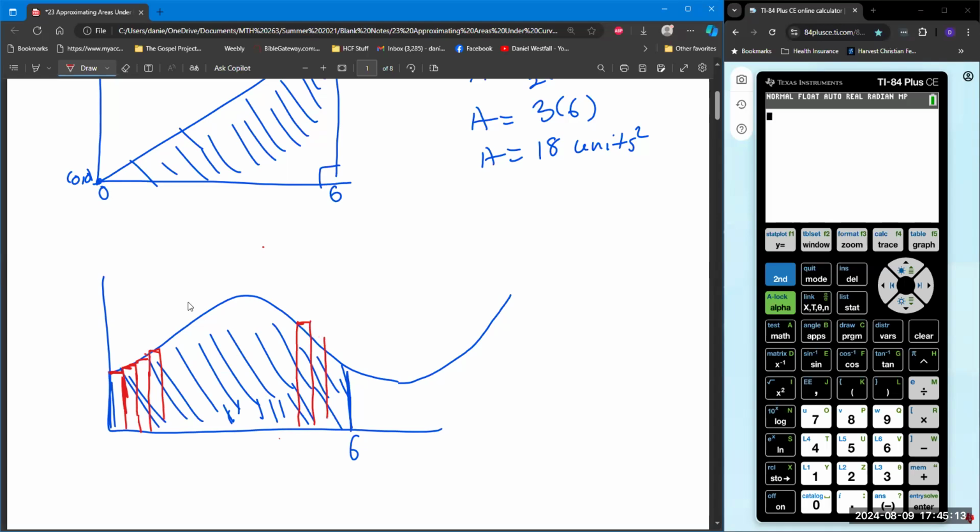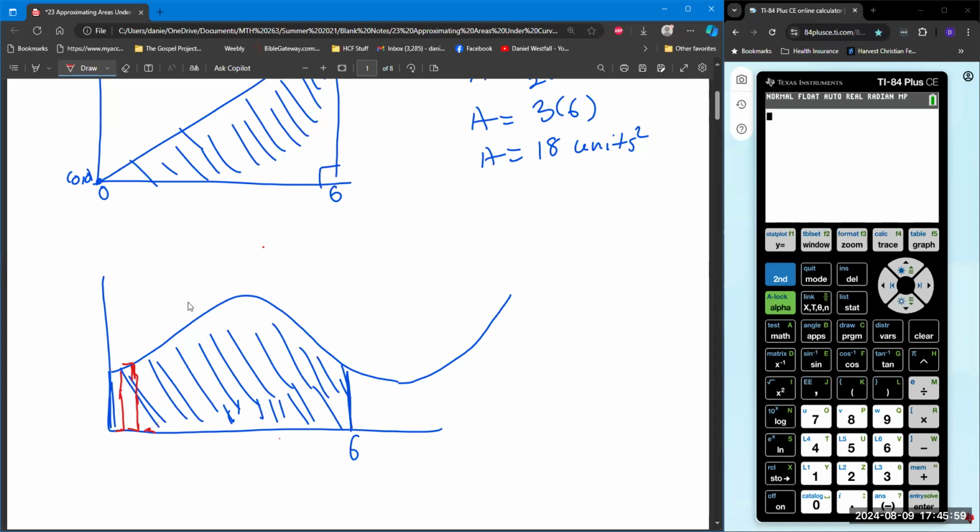Or I could instead try to make right endpoints touch the function. I'd have to decide how many rectangles I wanted and what width, and I'd want all these rectangles to have the same width to make my life easier. In one instance, I'd get an answer that's too big, and in another, too small.